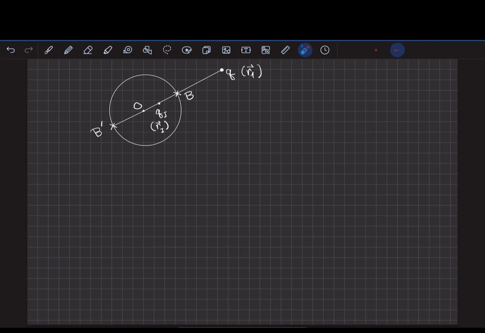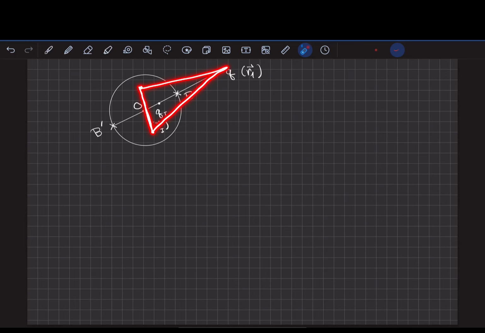So here you may ask one question: why are we considering that the image charge is located on the line joining the center of the sphere and the point charge Q? This can be shown by symmetry arguments. Say the image charge is located somewhere else, for example here, then this point is basically equivalent to this point. These two points are basically the same with respect to our point charge.